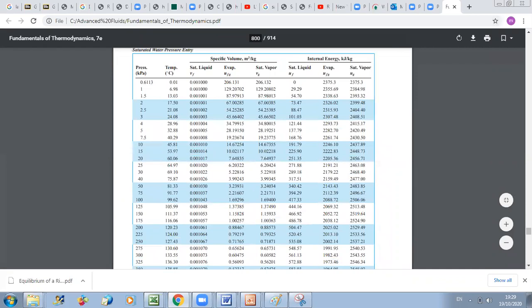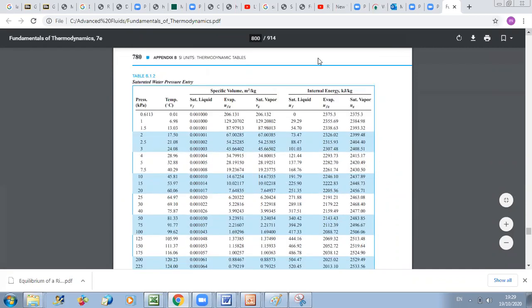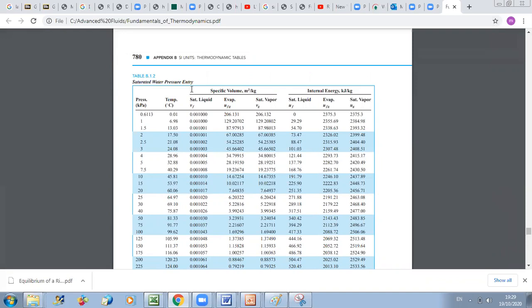Okay, so we are still in saturated tables, but look, sometimes you have two types of entry for this table. You can have the temperature or you can have the pressure. This is why I provide you two tables, one if you have the pressure entry and one if you have the temperature entry.